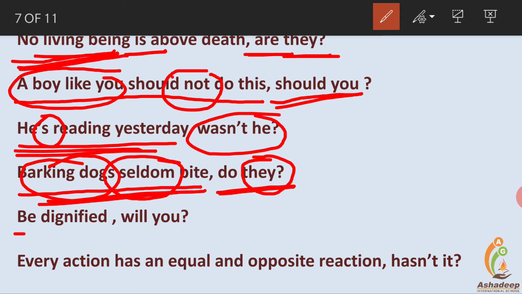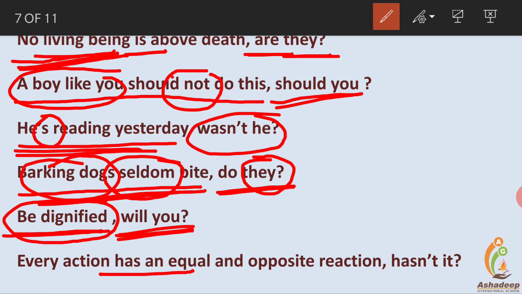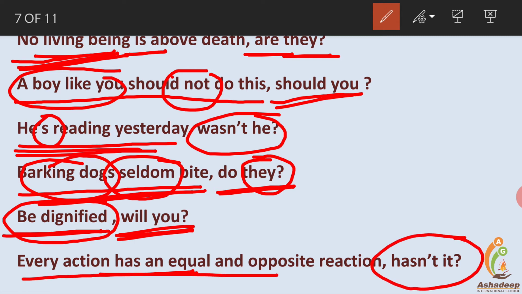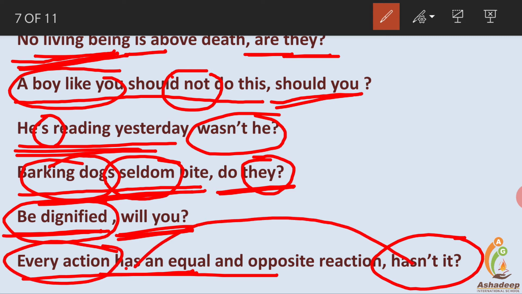Next one, be dignified, an imperative sentence, no subject is given over here, it's the structure of an imperative, and will you is the question tag we will use. Every action has an equal and opposite reaction, it's a positive sentence, so the question tag will be negative. Has, the auxiliary verb given, hasn't, and every action is taken as it.